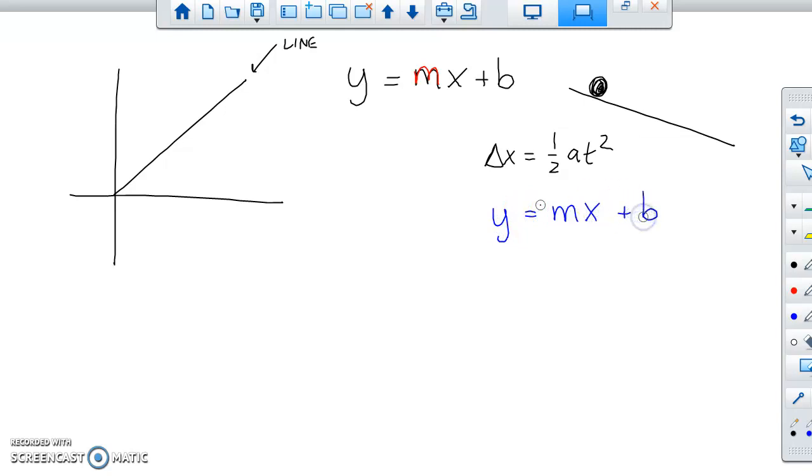If you look at these two equations next to each other, initially they might not look like they have the same format, but they actually kind of do. I'm just going to show you that by using different colors here.